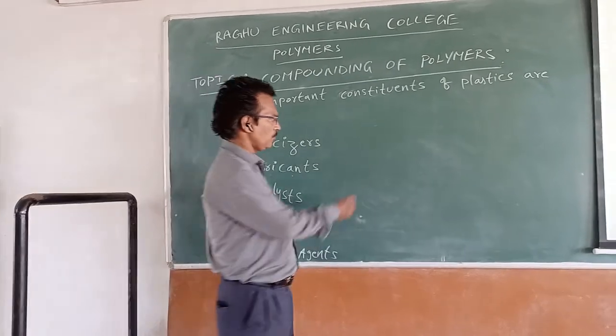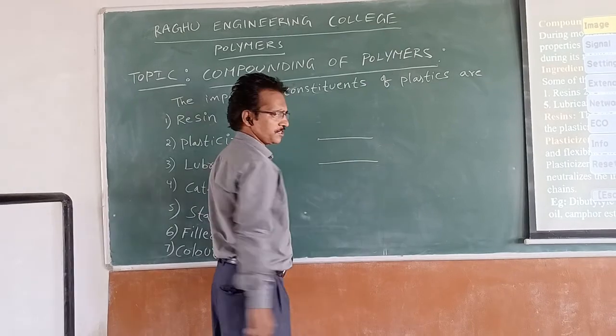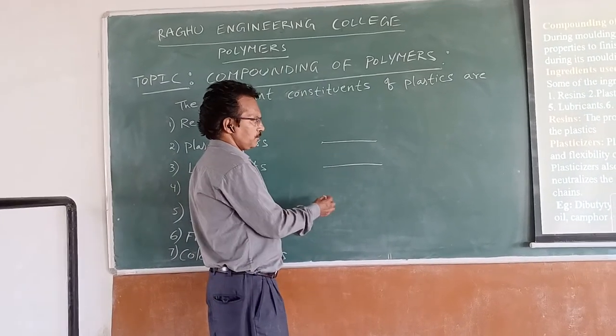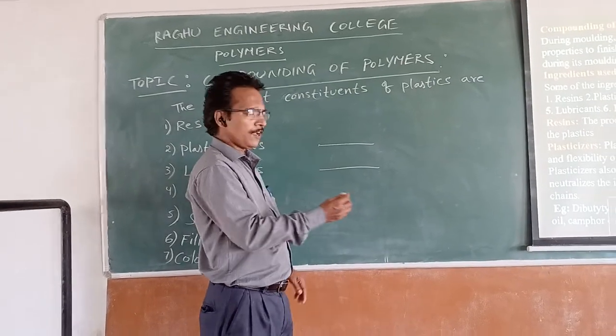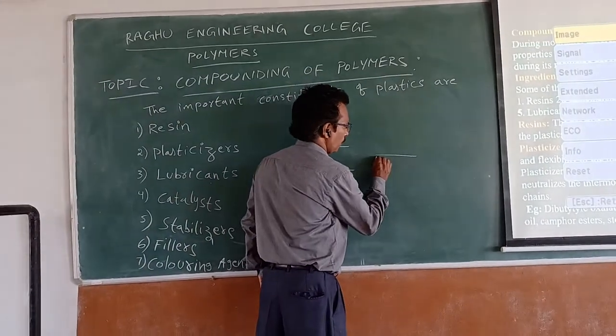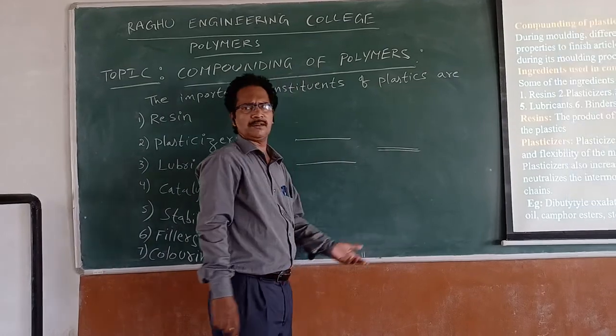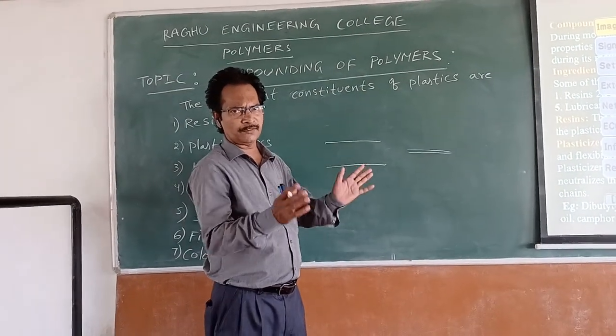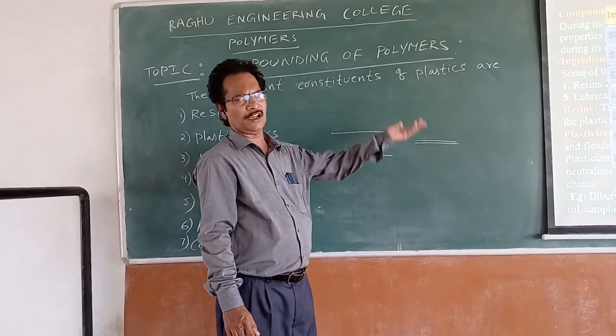For example, if you take two polymer chains, there will be forces of attraction between them, and due to van der Waals force of attraction, they both will fall on one another, then there is no freedom of movement. So it becomes a problem during molding of this material into an article.